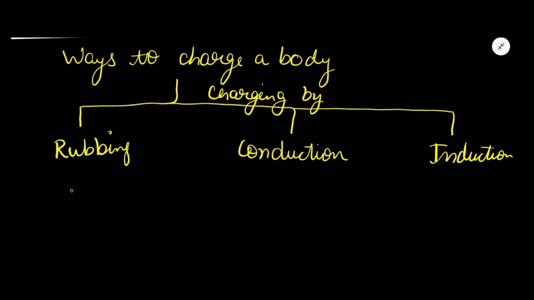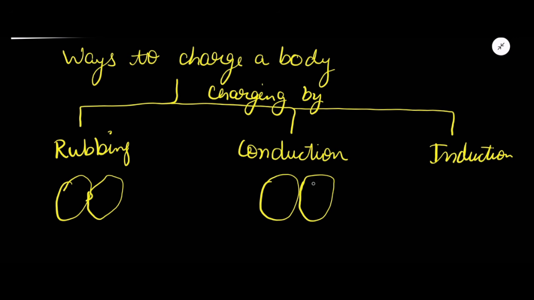In the rubbing process, we take two objects and rub them against each other, and due to friction, charges are produced. In conduction, we take metallic objects and keep them in direct contact with each other. Suppose this body is negatively charged while this body is neutral.